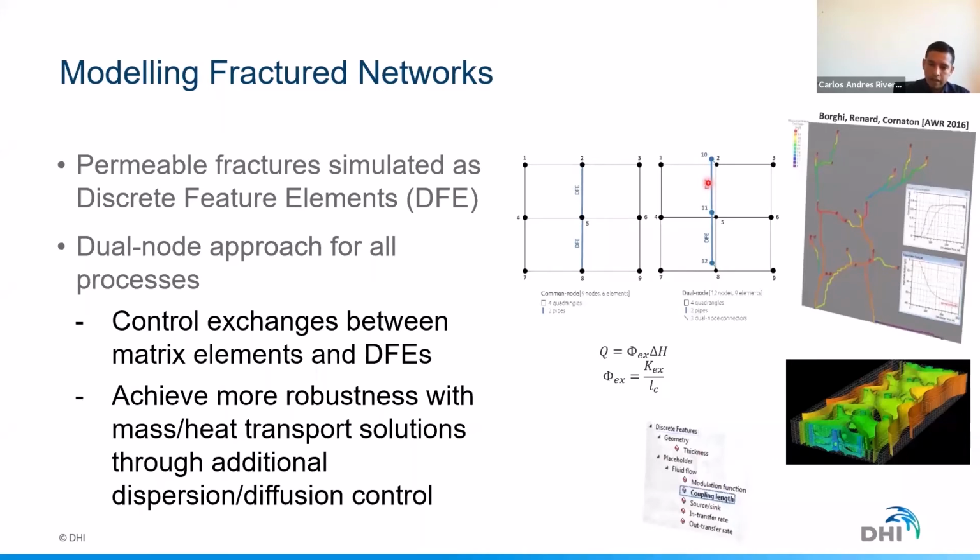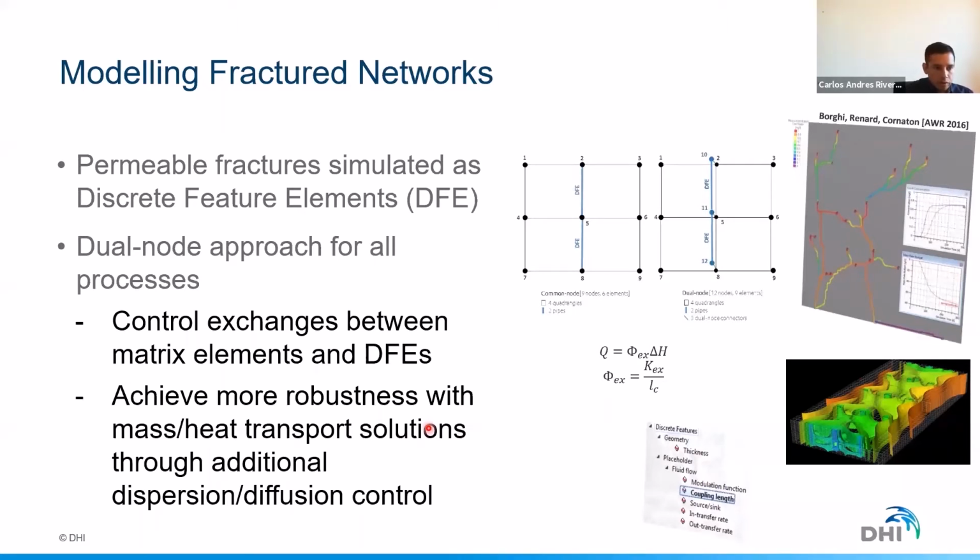So you create a second imaginary set of nodes. These are called dual nodes, and between these connectors we solve a 1D problem, a Darcy problem, and we can migrate fluid, mass, or heat between the fracture and the matrix with this approach.